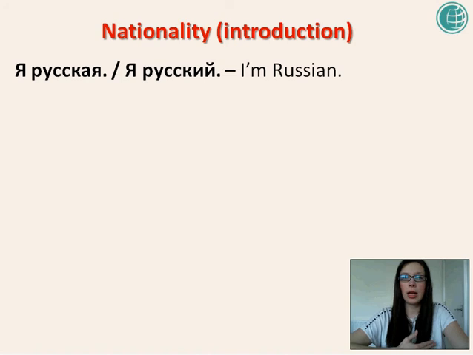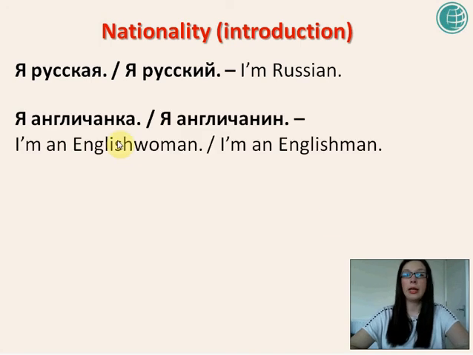Меня зовут Галина, моя фамилия Agarwal, я русская. Honestly, it's not a very Russian surname, Agarwal. It's an Indian surname, but that's how life is. Я англичанка, я англичанин. I'm an English woman, I am an Englishman.